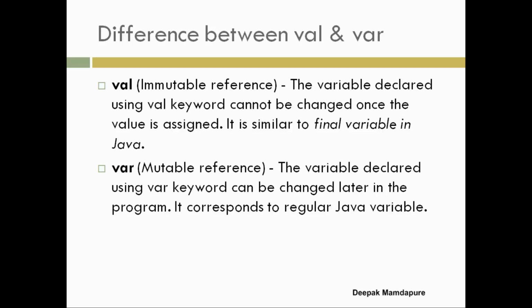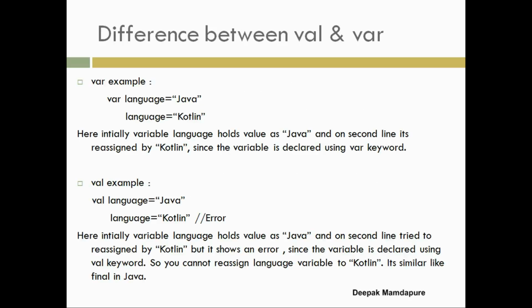Now we can see by example how val and var differ. As per the example given here, var language equals Java, and again we try language equals Kotlin. Initially the variable language holds the value Java, and on the second line it is reassigned to Kotlin. Since the variable is declared using the var keyword, we can reassign a value to the existing variable.